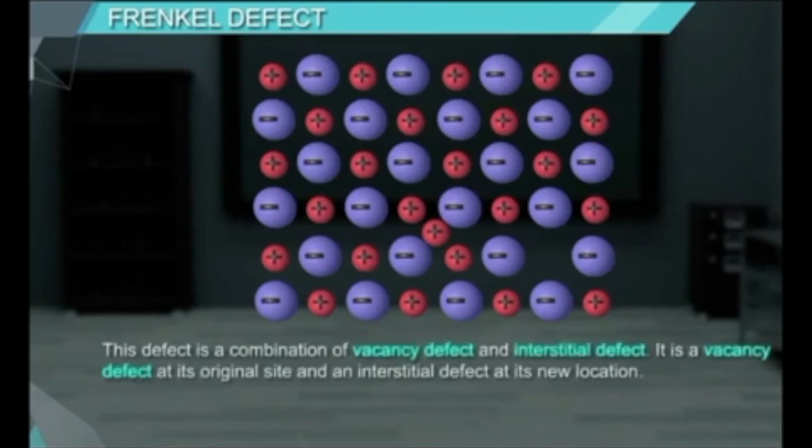This defect is a combination of vacancy defect and interstitial defect. It is a vacancy defect at its original site and an interstitial defect at its new location.